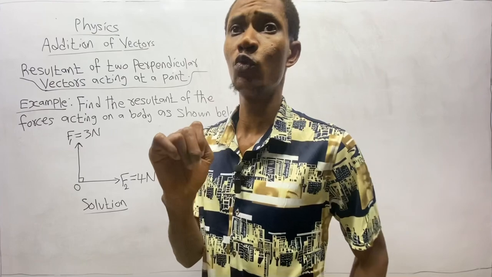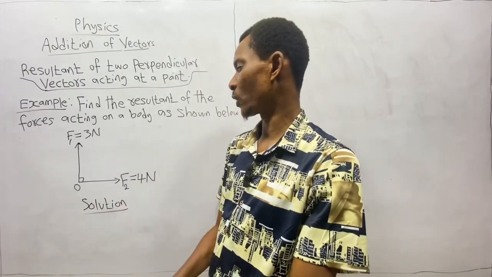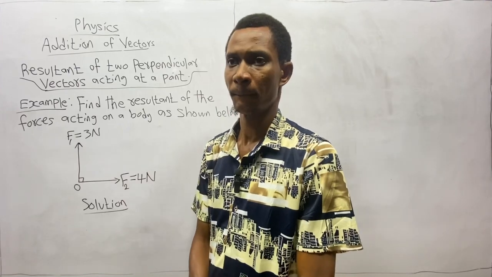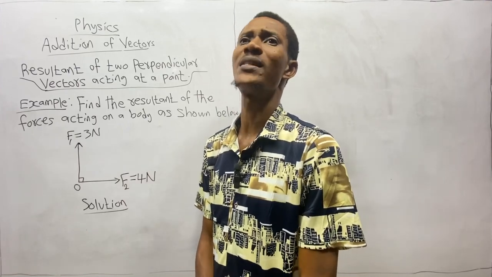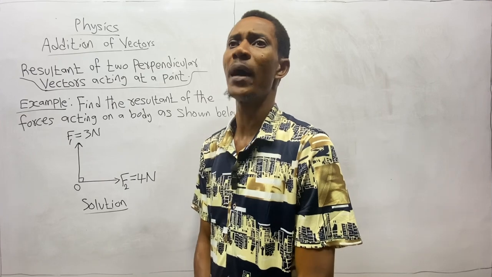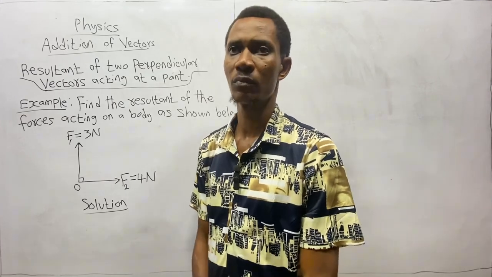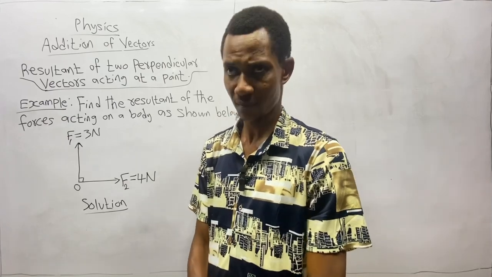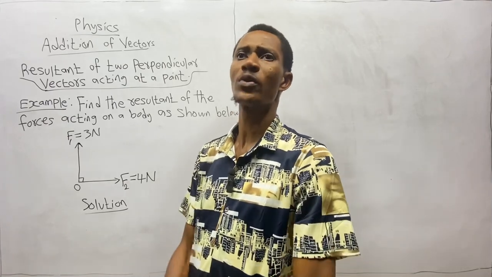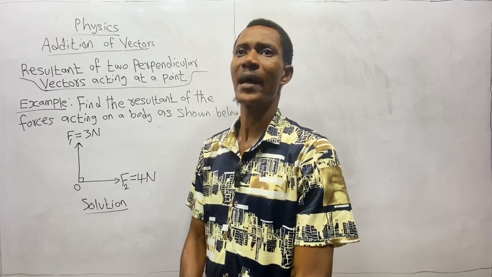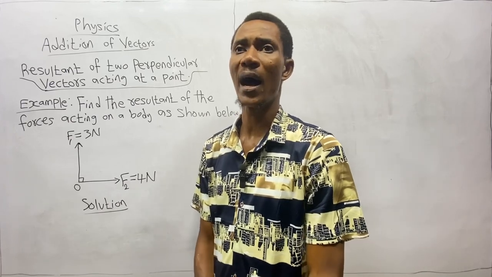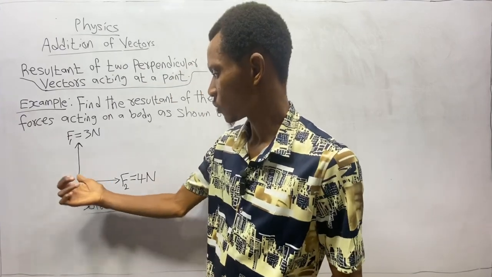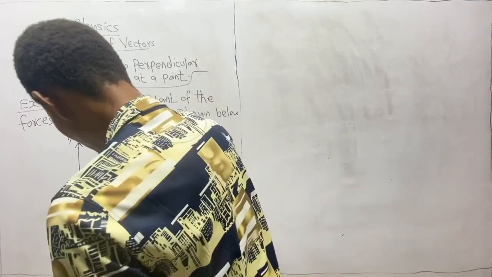The first thing you will do is to form a parallelogram from these two vectors. The question is, what is a parallelogram? A parallelogram is a flat shape with four straight sides in which the opposite sides are equal and parallel. So let's form a parallelogram from these two vectors like this.